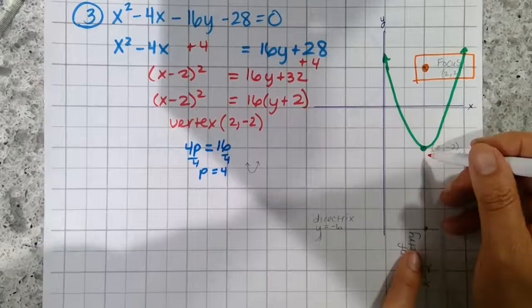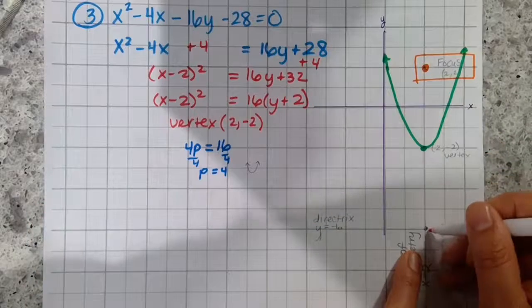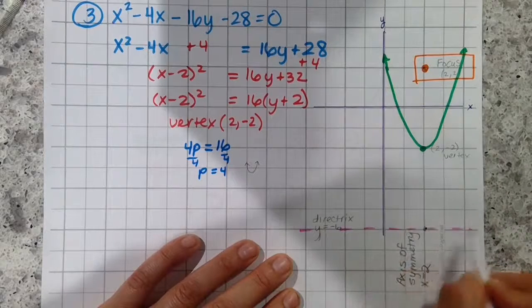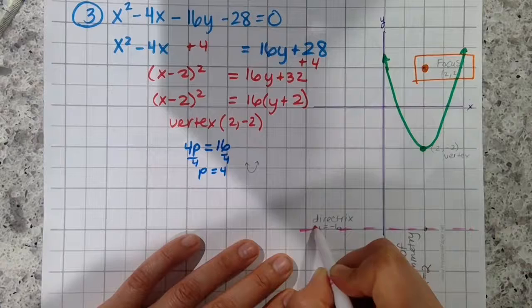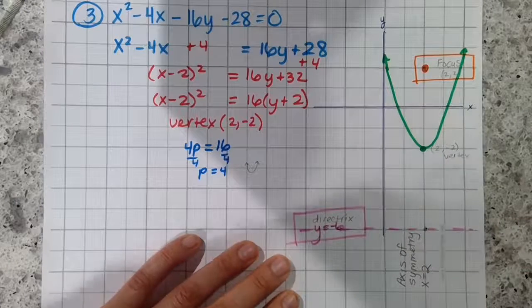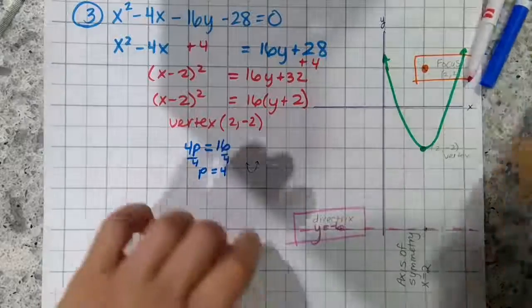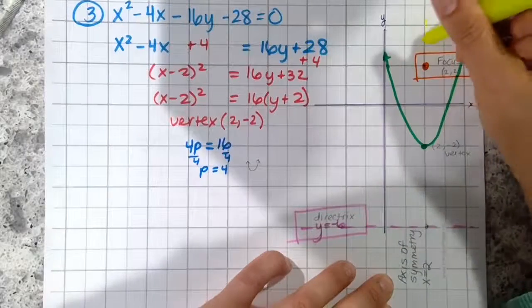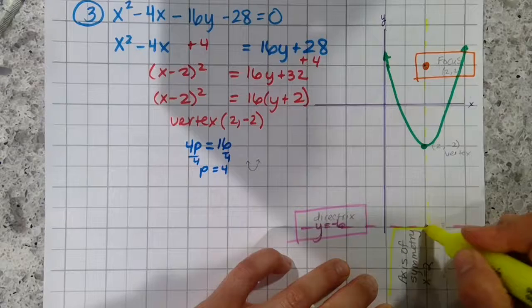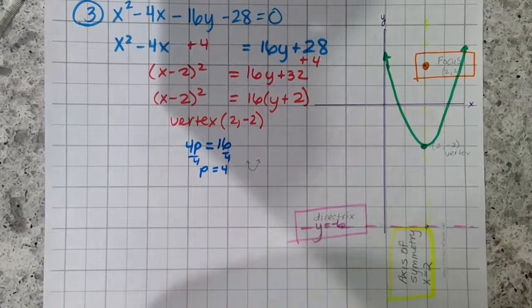Your directrix is 4 units outside of it, so that is at y equals -6. Your axis of symmetry is going to be at x equals 2. Okay, and that's all the information.